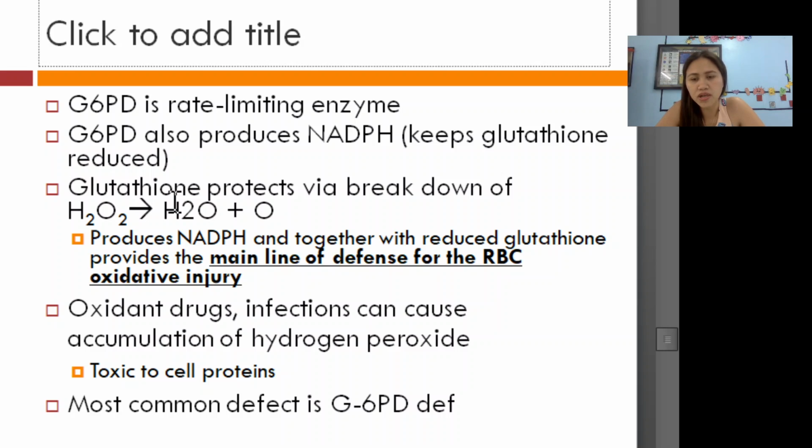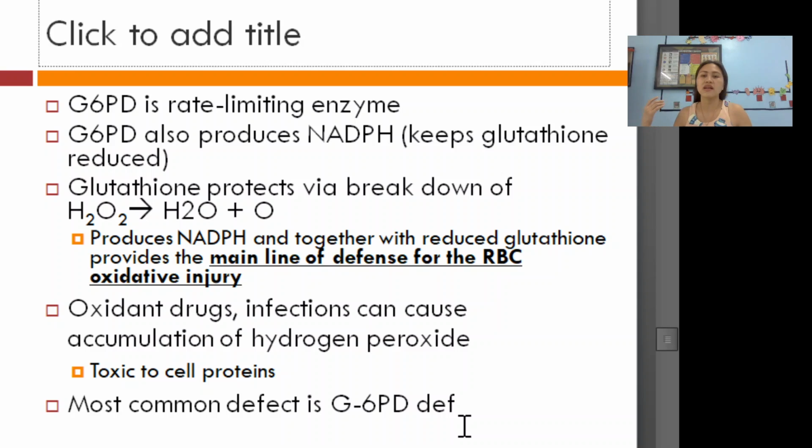So, if G6PD is deficient in the body, therefore, di siya ka-produce ng NADPH, and since wala siya ma-produce ng NADPH, di niya ma-keep ang glutathione in the reduced form para i-break down ang hydrogen peroxide. So, walay main line of defense for RBC oxidative injury. So, kung wala kay enzyme na G6PD again, prone ka for cell destruction. Okay? Dali ra ka magkasakit.